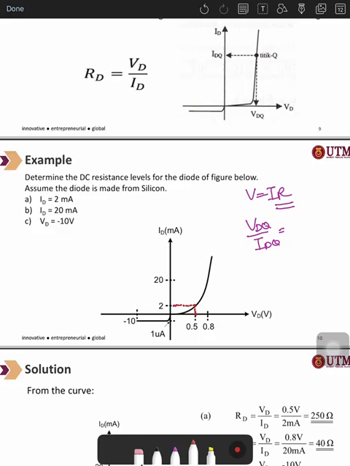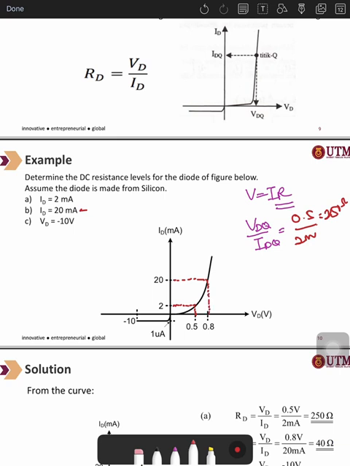Which is 0.5, right? So 0.5 over 2 milli, you will get 250 ohm. And then what happened when your ID is 20 milliampere? You get the value of VD.